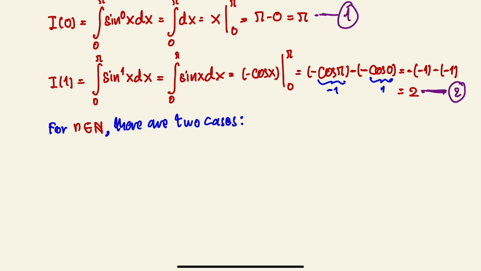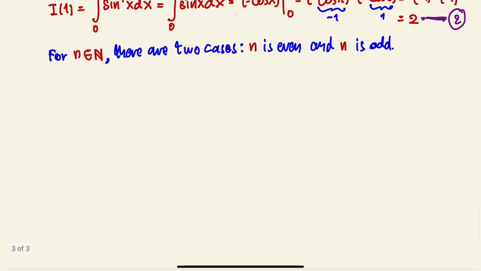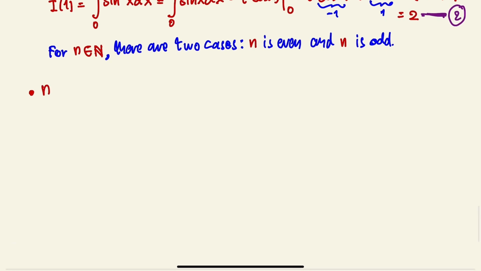The first case is n is even, and the second is n is odd. Let's start with n being even.